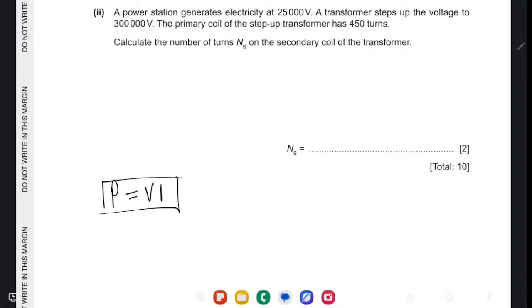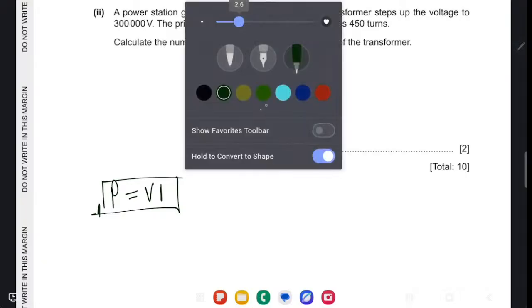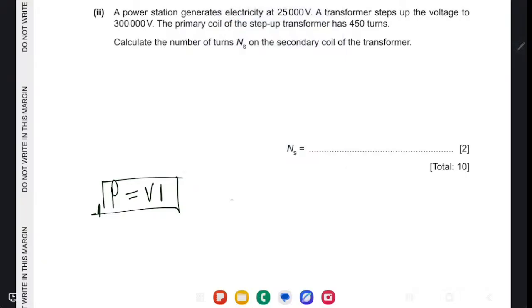This is the power in a transformer. Then we know that power at primary is equal to the power at secondary side. Because we are dealing with an ideal transformer at IGCSE, there will be no power loss. So it means voltage at primary times current at primary, okay? VP IP will be equal to VS IS.